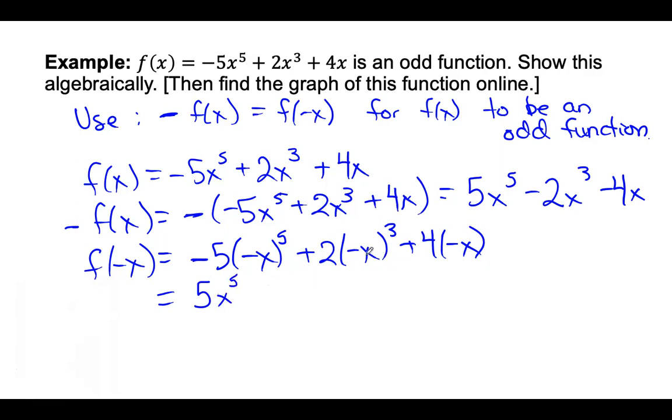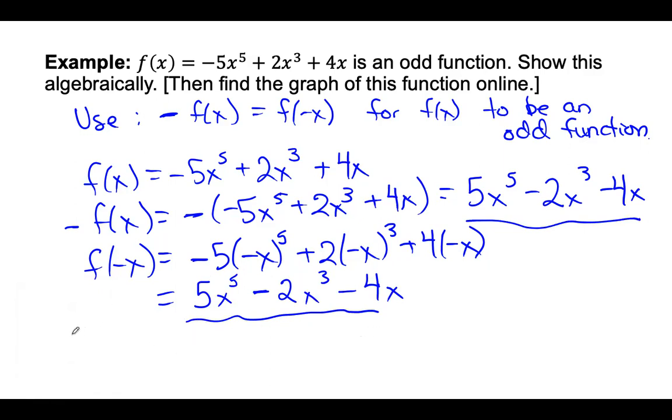Same thing here: negative and negative will be a positive and one more negative, so the negative will be out front. And here there will be negative 4x. You see this and this, they're the same. So we can see that negative f of x is equal to f of negative x. Therefore, it's an odd function.